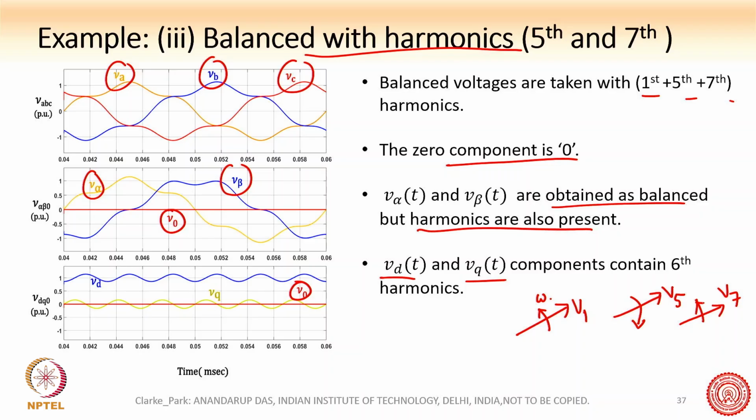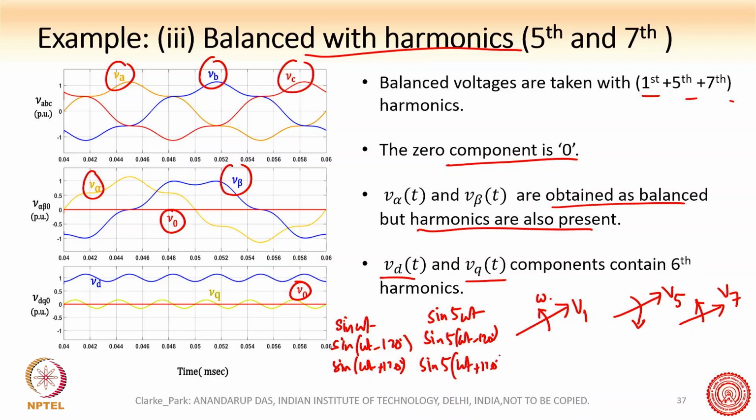Why does it happen? Because if you see the fundamental, this is sine omega t, this is sine omega t minus 120 degree, and this is sine omega t plus 120 degree, right? But for the fifth harmonic, this will be sine 5 omega t, and this will be sine 5 omega t minus 120 degree, and this will be sine 5 omega t plus 120 degree.